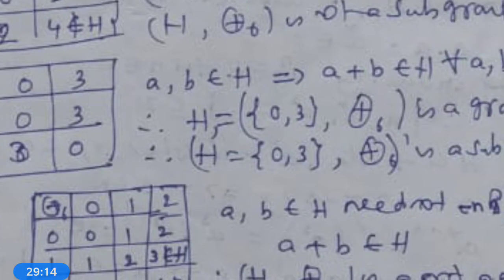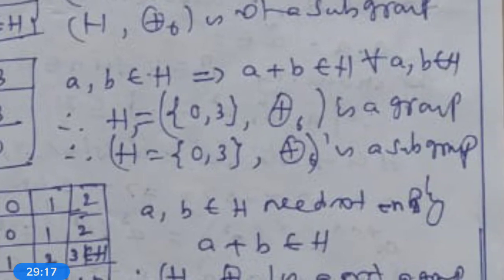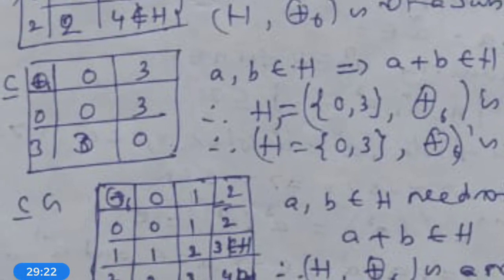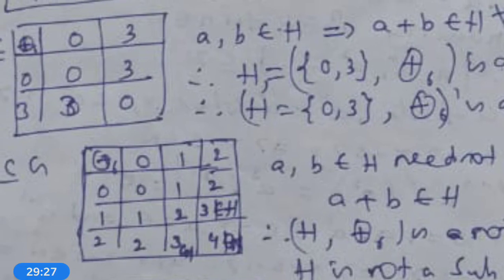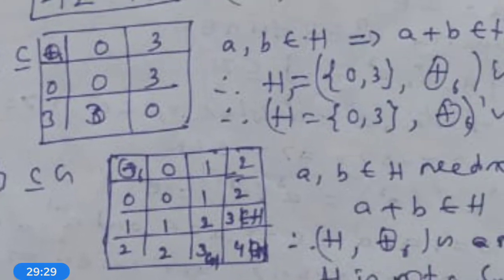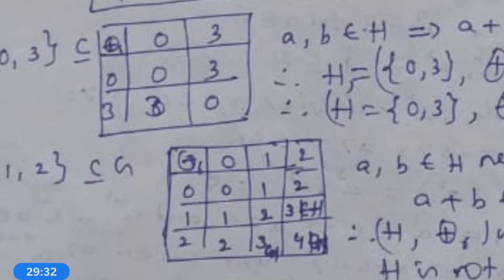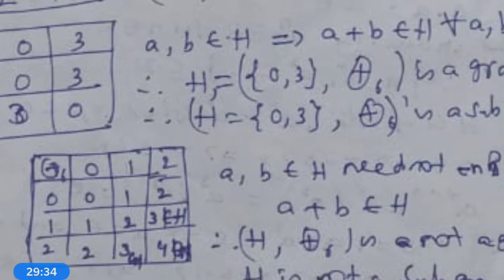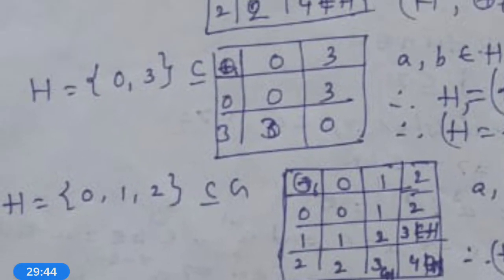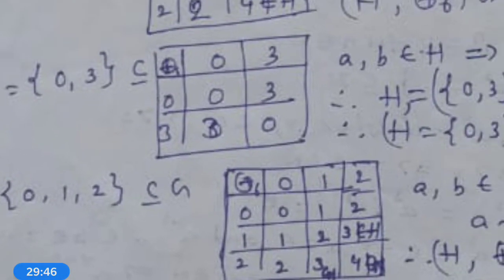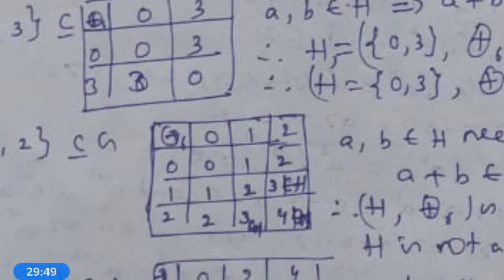So, all the elements belong to H. Similarly, the associative property is also verified. Identity 0 belongs to H in pair set {0, 3}. So, pair set {0, 3} has identity as well as inverse. Therefore, H is equal to pair set {0, 3} is a subgroup of G.